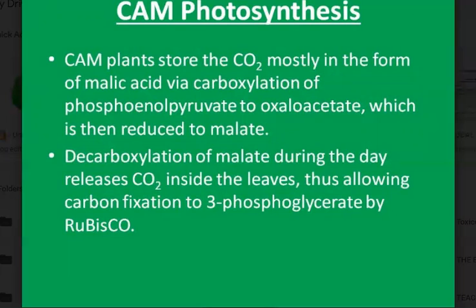Then decarboxylation of the malate during the day releases carbon dioxide inside the leaves, thus allowing carbon fixation to 3-phosphoglycerate by the Rubisco. So that's a very efficient process that the plants we find in deserts use to conserve water.